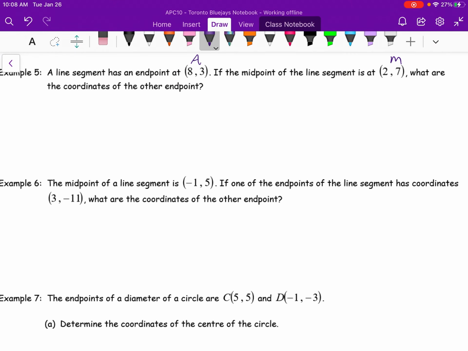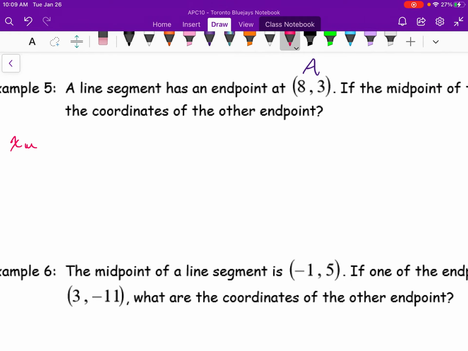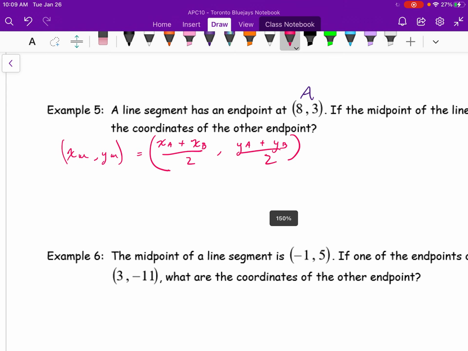So I'm given my midpoint and one endpoint, and I do recall that my formula (xm, ym) is equal to the average of the x coordinates and the average of the y coordinates of my two endpoints.